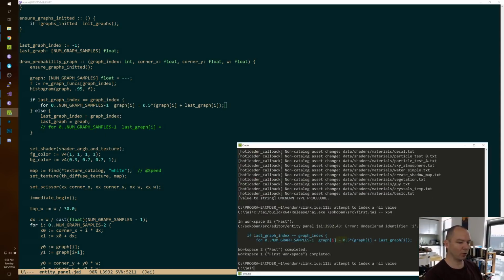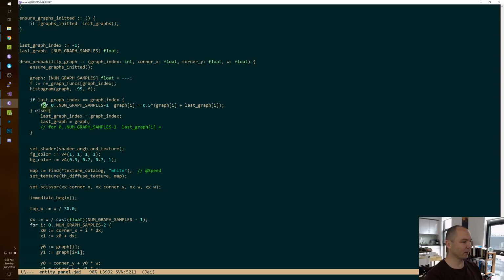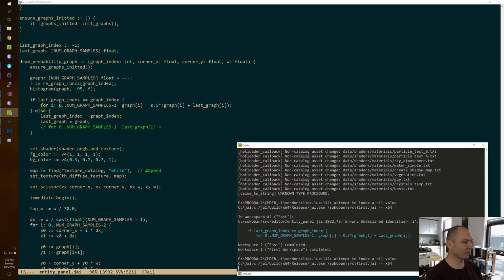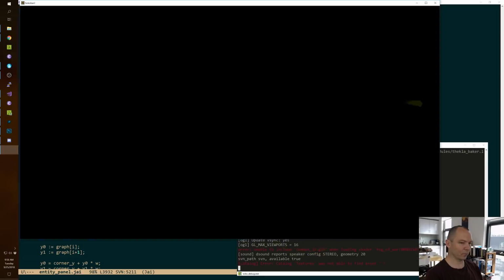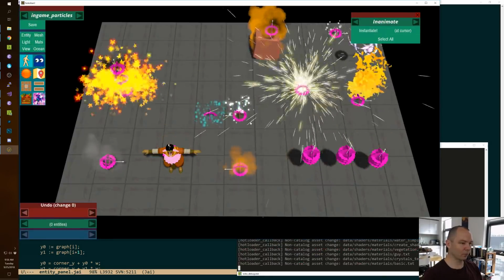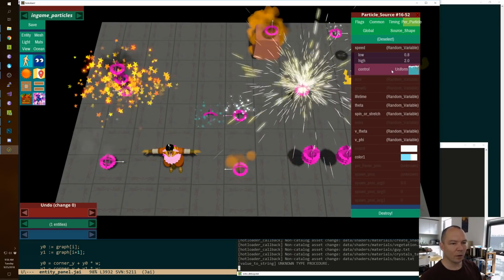We could denoise in a frame rate independent way or something. It's less noisy.